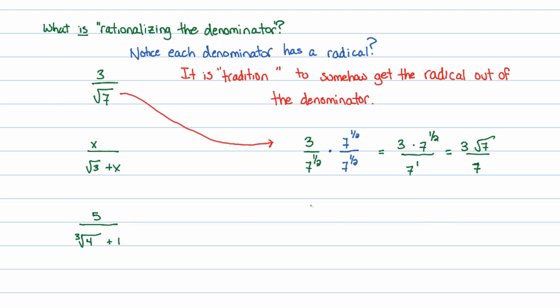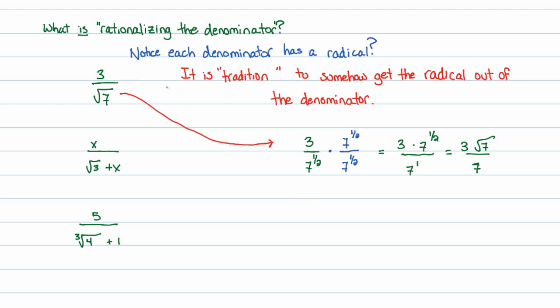And this is basically how we rationalize denominators. We look at the denominator itself and think, okay, I have a radical there, and the radical is a half power in this case, so I'm going to somehow multiply it by some form of the half power of 7 as well.